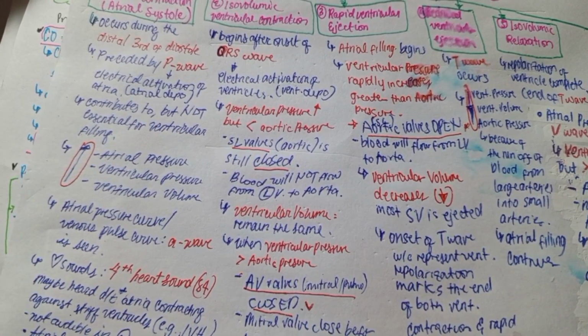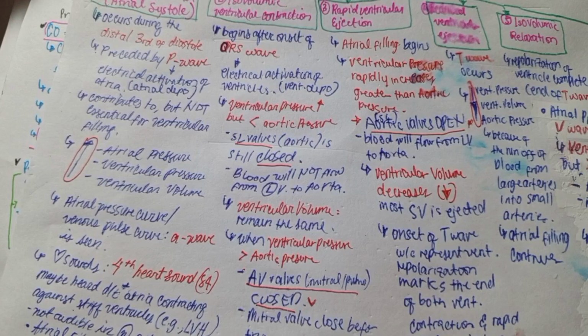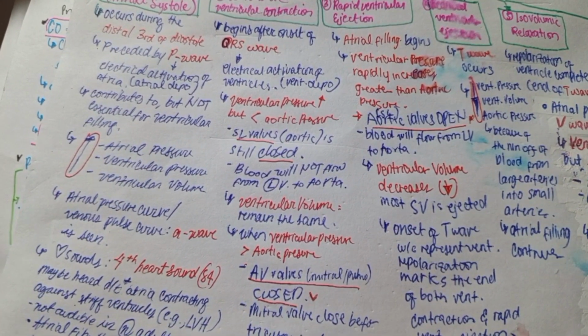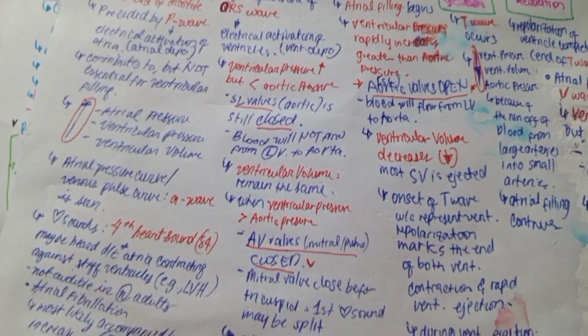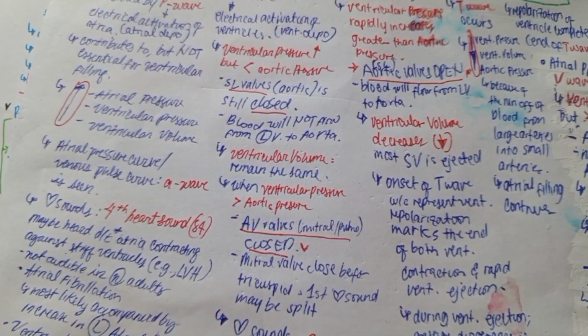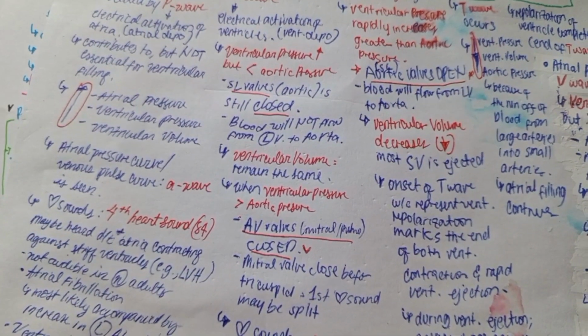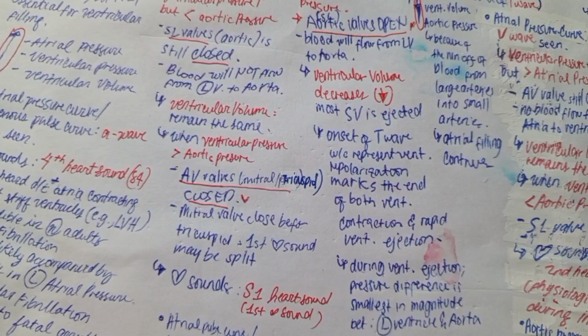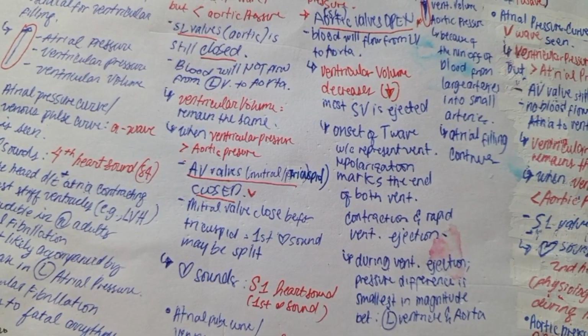And when the ventricular pressure is greater than the aortic pressure, the AV valves, such as the mitral and the pulmonic valve, will now close. And the mitral valve closes before the tricuspid. Okay, so again, the AV valves, such as the mitral and the tricuspid. Forgive me, a while ago I said pulmonic.